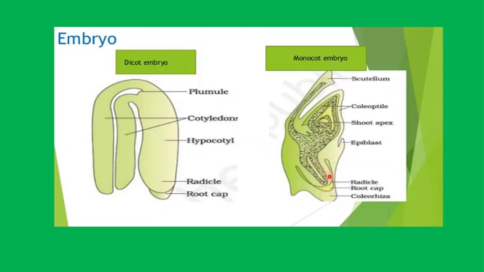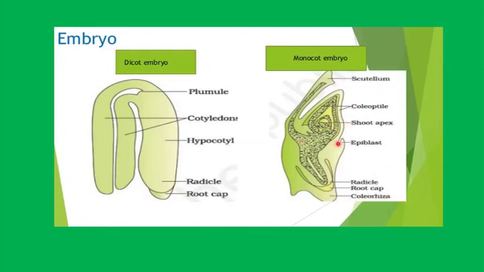Below the embryonal axis, we have the radicle. The radicle is covered by the root cap, and the entire radicle and root cap is covered by a sheath-like structure known as the coleorhiza. Coleorhiza is found only in the monocot embryo.